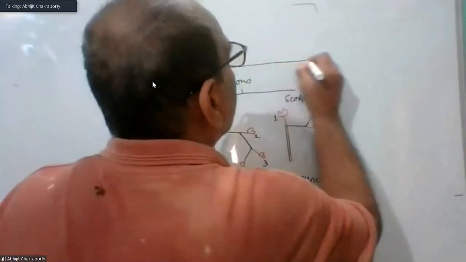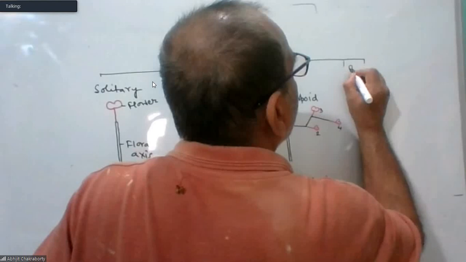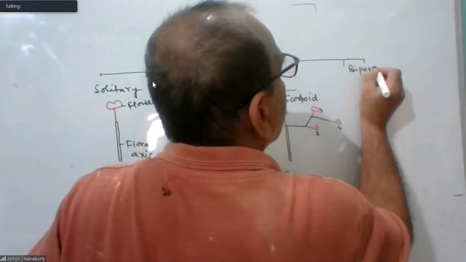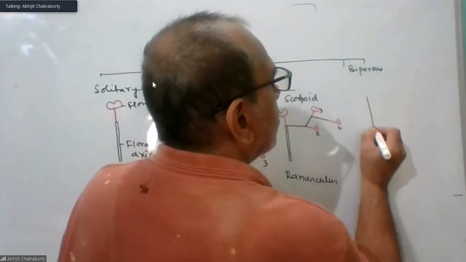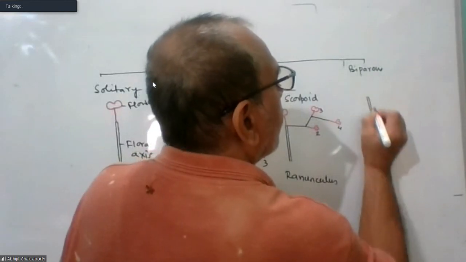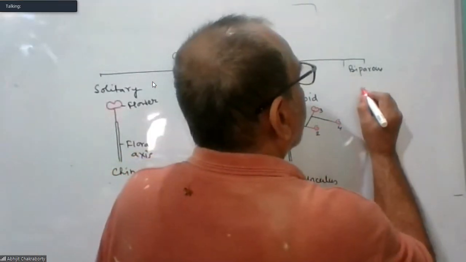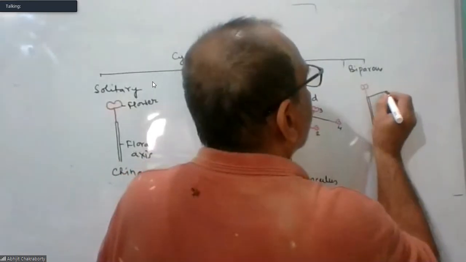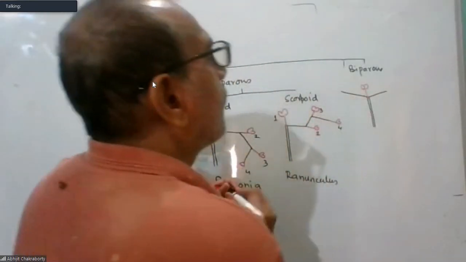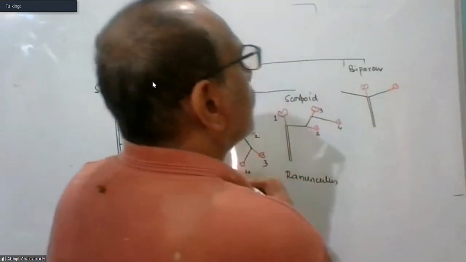Next one, biparous. What happens in biparous? I am showing you. First flower, second flower.